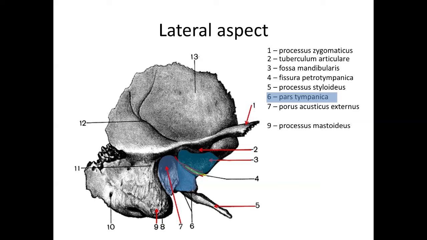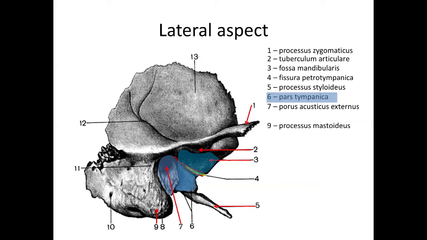Sometimes you can read in your textbooks that processus mastoidus is distinct, separate part of temporal bone. But another scientist thinks that it belongs to squama. So we can understand that both of these positions are very widespread in contemporary anatomy.